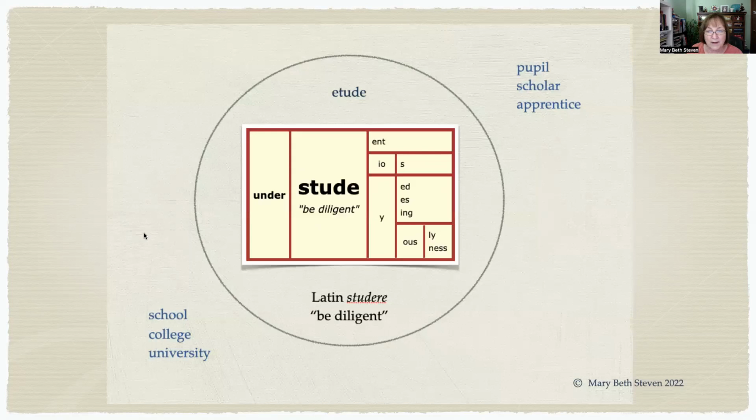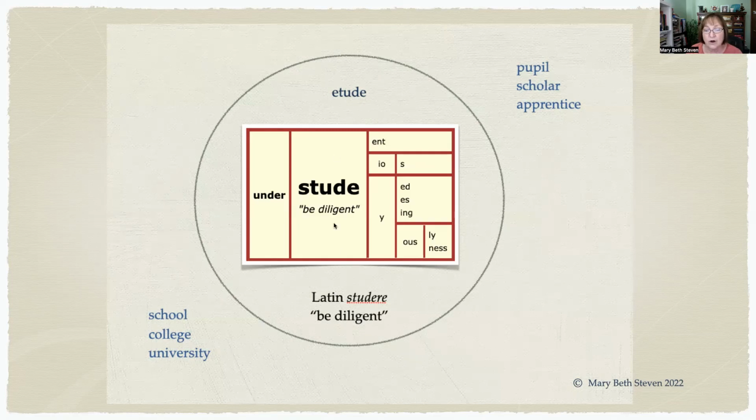Here is one more way to represent all of this information we collected. We have our matrix. We have the Latin root studere, from our meaning be diligent. We also have this word up here, etude.